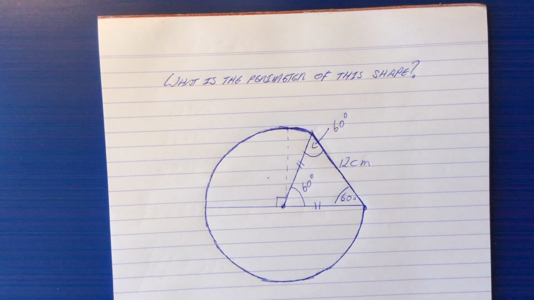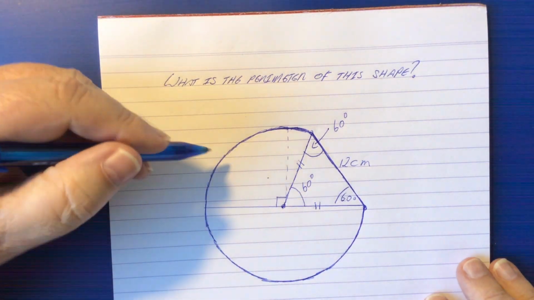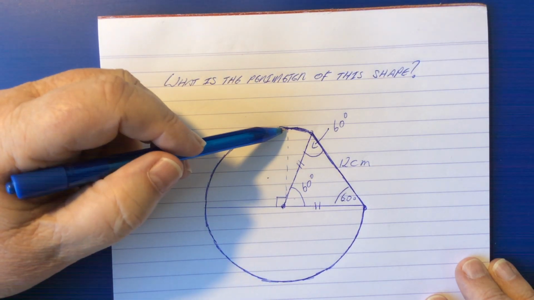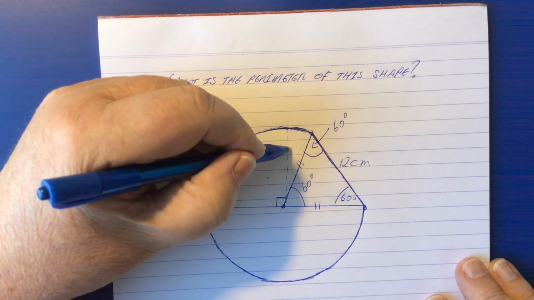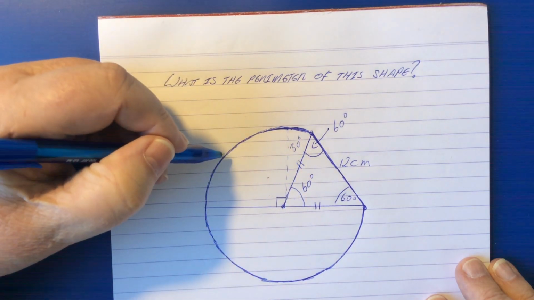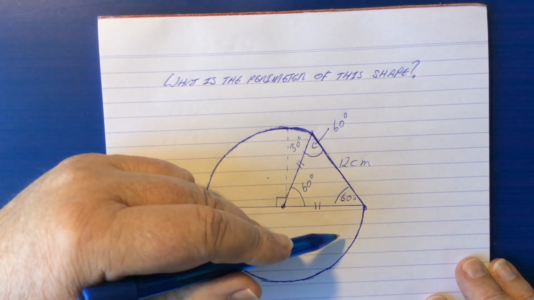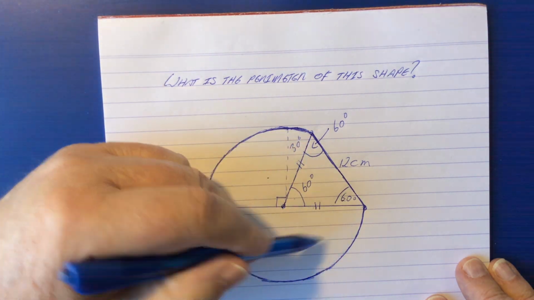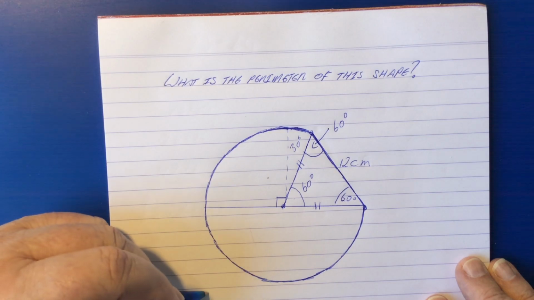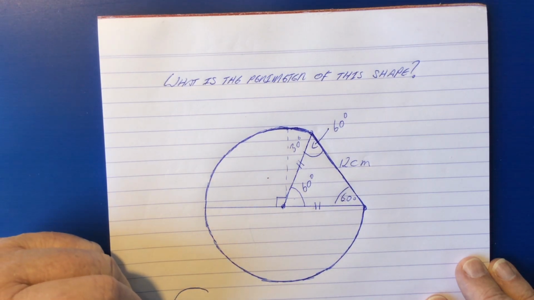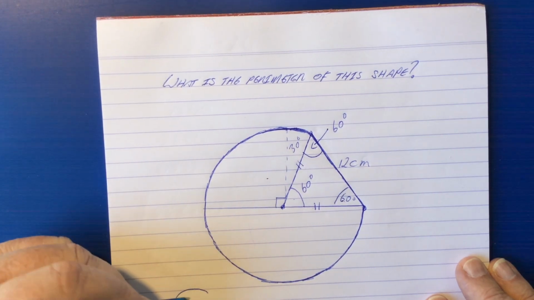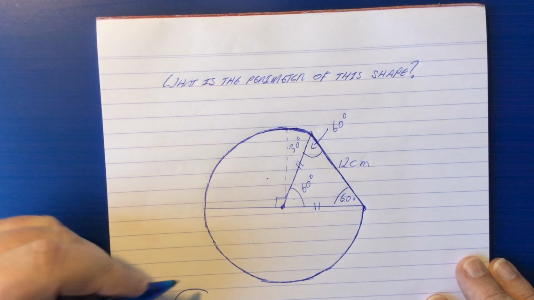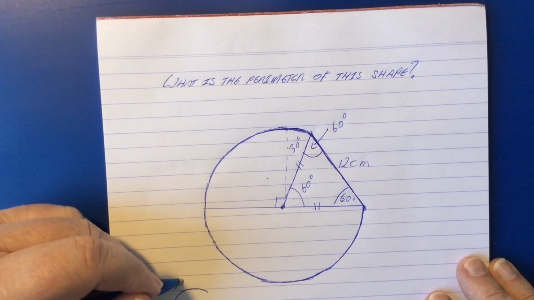And from that we discover two things. One is that if this is 60 degrees, this little angle in here is 30. And if this is 270, then the total angle of this arc, which if we just draw it here looks like that, is 270 plus 30 degrees, 300 degrees.